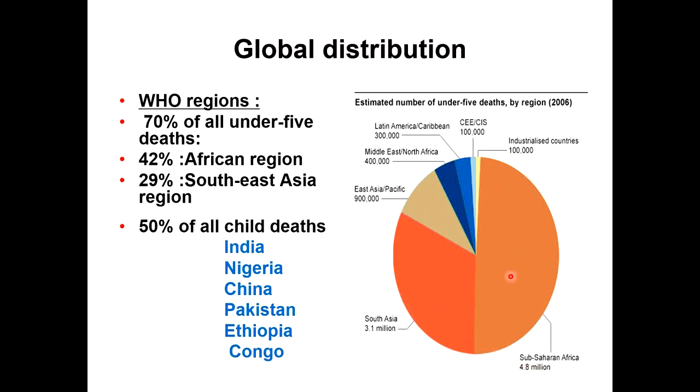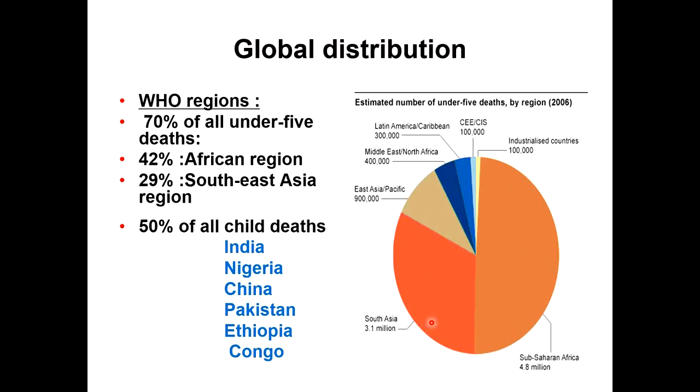And after the African region, 29% of the deaths are reported in the Southeast Asian region. If we target better maternal and child healthcare services in the African region and the Southeast Asian region, then we can reduce child mortality by three quarters of the total.